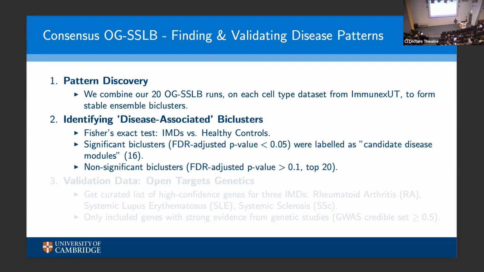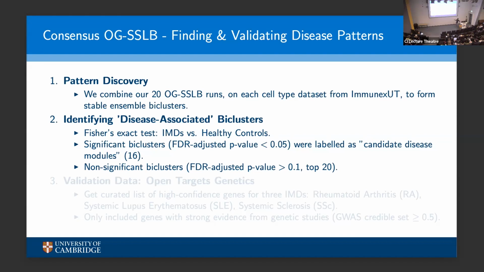We just run Fisher's test between IMDs, immune-mediated diseases, and healthy samples. The ones that were significant, with an FDR adjusted p-value of less than 0.05, were labeled as candidates of disease modules. From all the runs, we found 16 consensus biclusters.